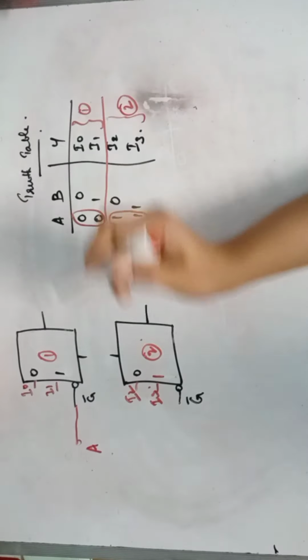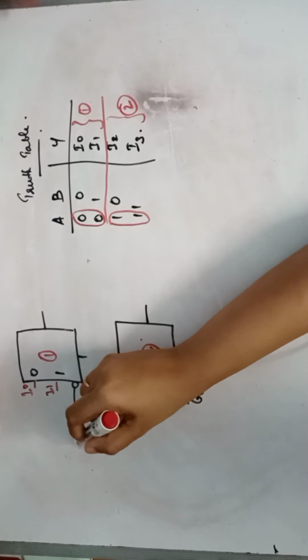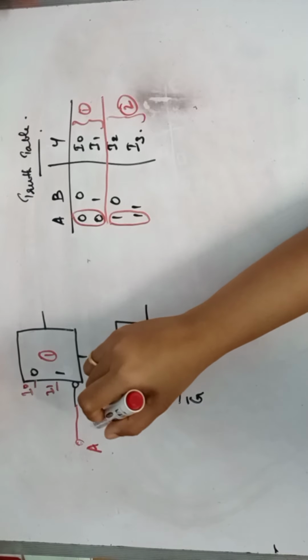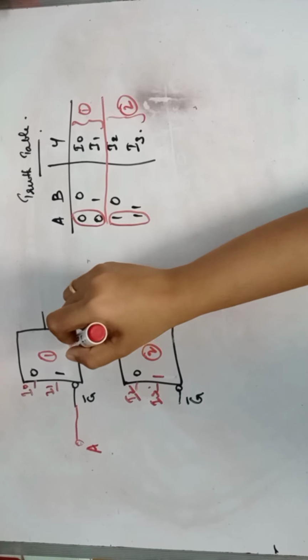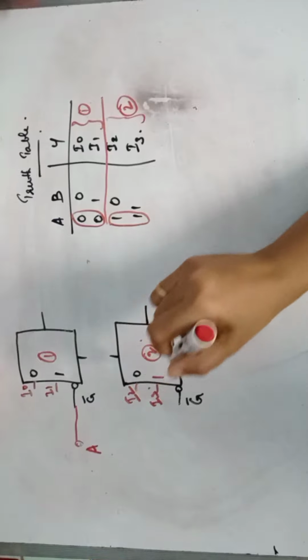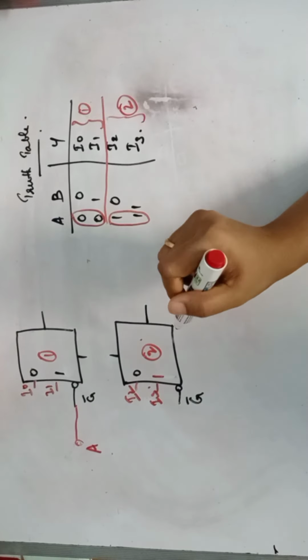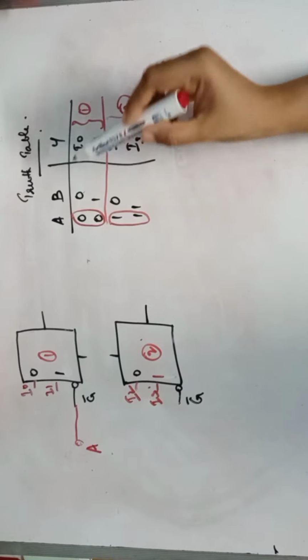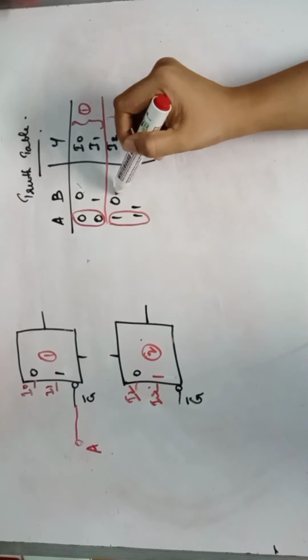Right? Now, at that time, when A is equal to 0, this is selected. At that time, the second IC should not be selected, because B is 0 or 1 in these two cases.